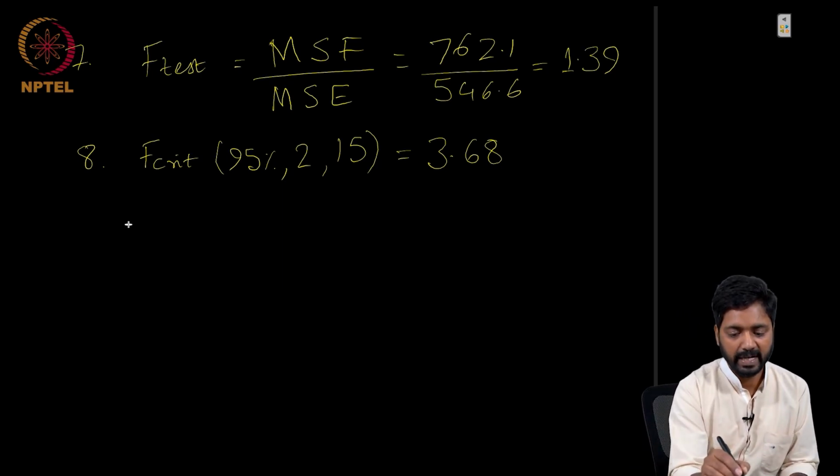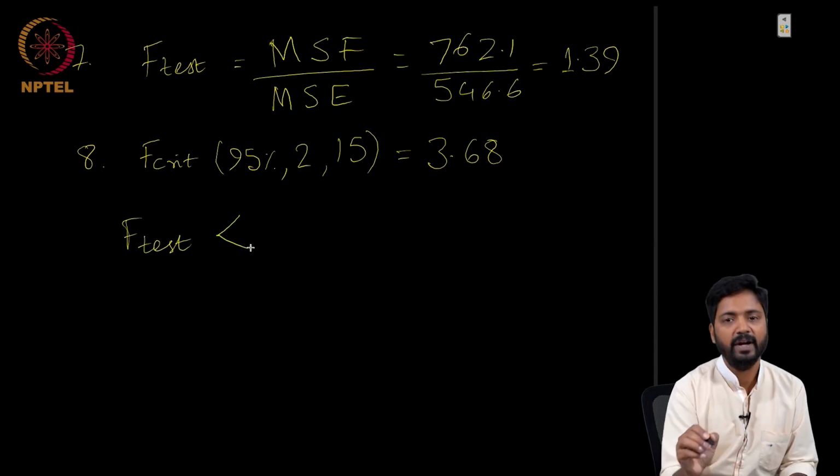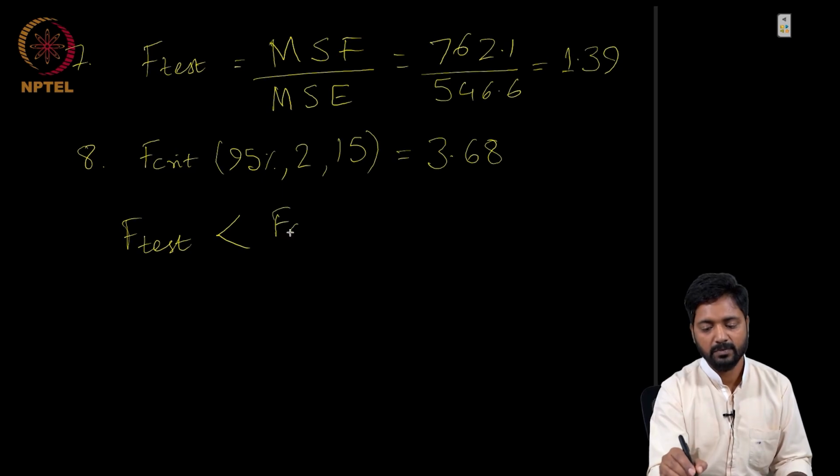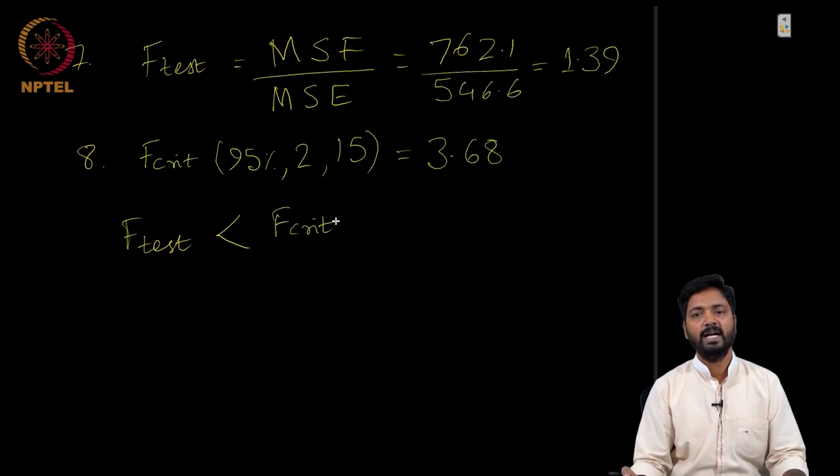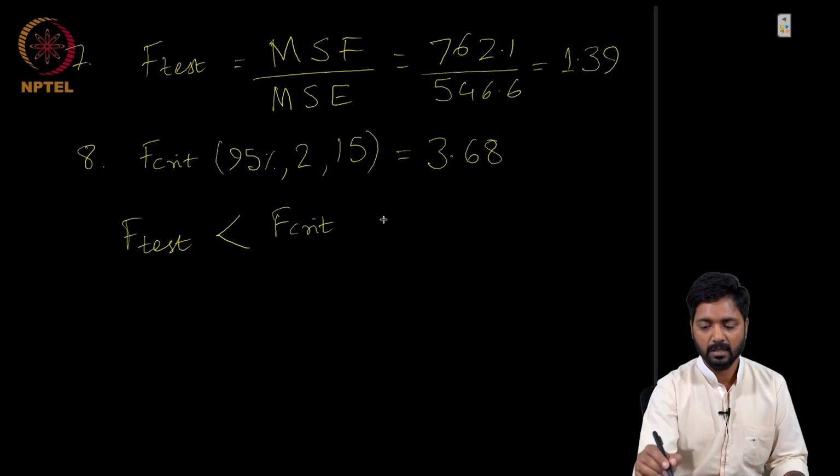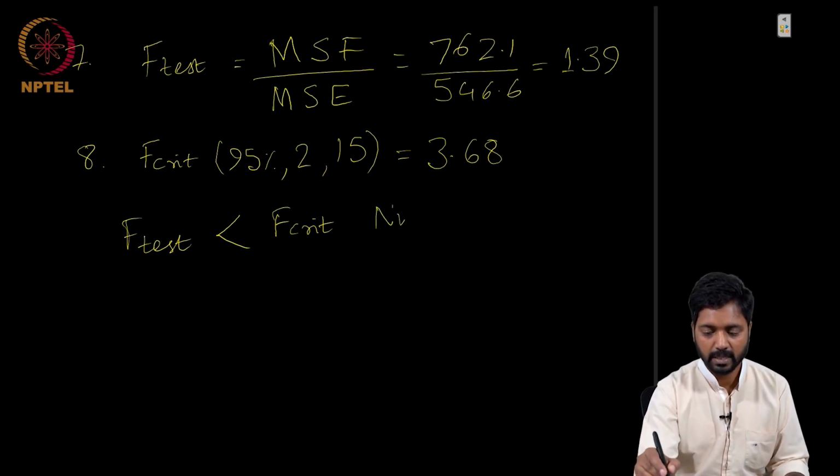Now we can make an assessment of this data set. We find that F test value is in fact less than the F critical value, and that means that the null hypothesis cannot be rejected.